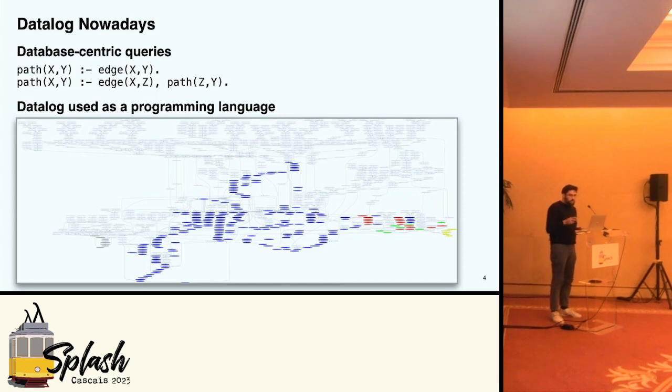All these blue-colored nodes describe one big fixed point computation. So these programs get bigger and bigger, and naturally there will be bugs in the programs. So we need some way to debug these programs.